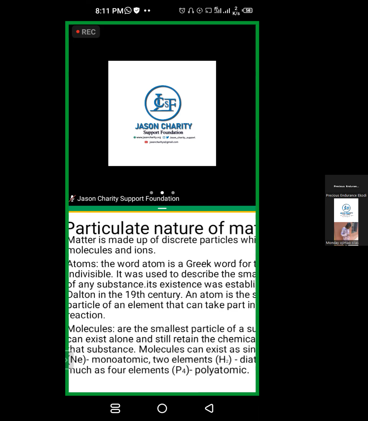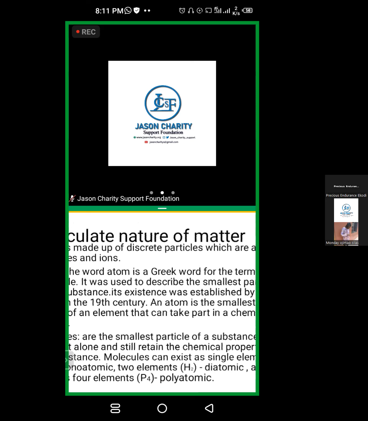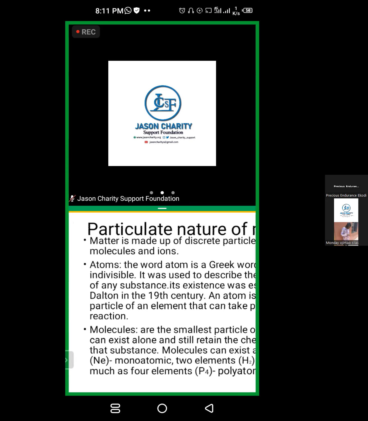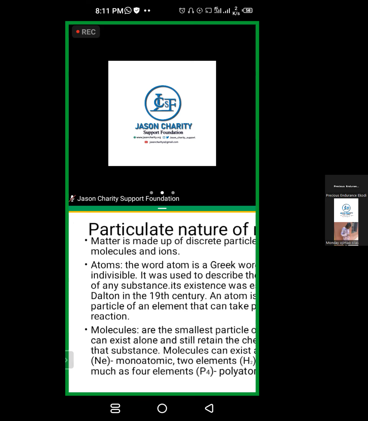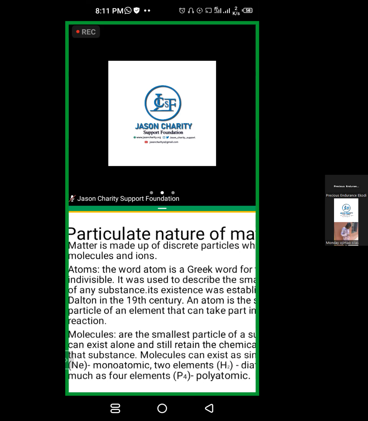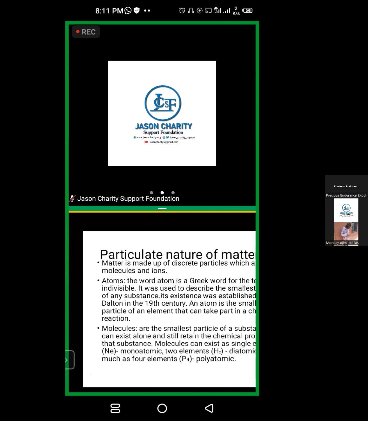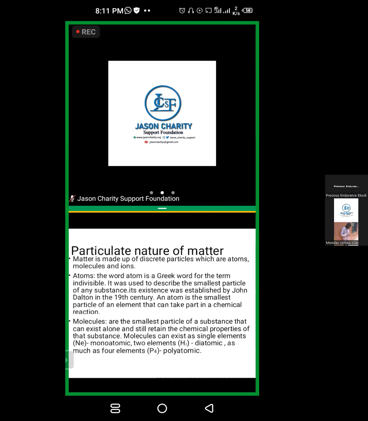The word atom comes from a Greek word that actually means something that is indivisible, something you cannot break down. They did not start using this word to refer to the atom itself until the 19th century, when John Dalton actually brought out his research, and where he actually found out what an atom is.